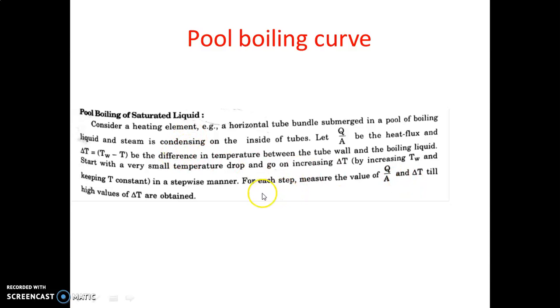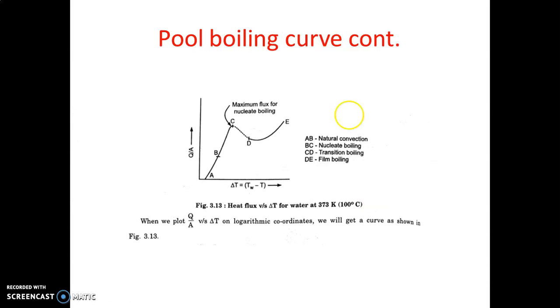For every step you measure the values of Q by A and delta T, and then plot the graph or curve. This is the nature of that curve, Q by A versus delta T. The curve is divided into 4 segments, AB, BC, CD and DE.